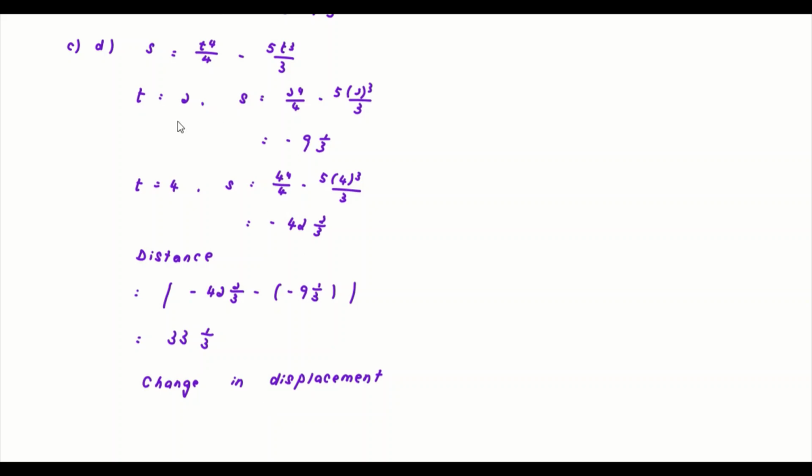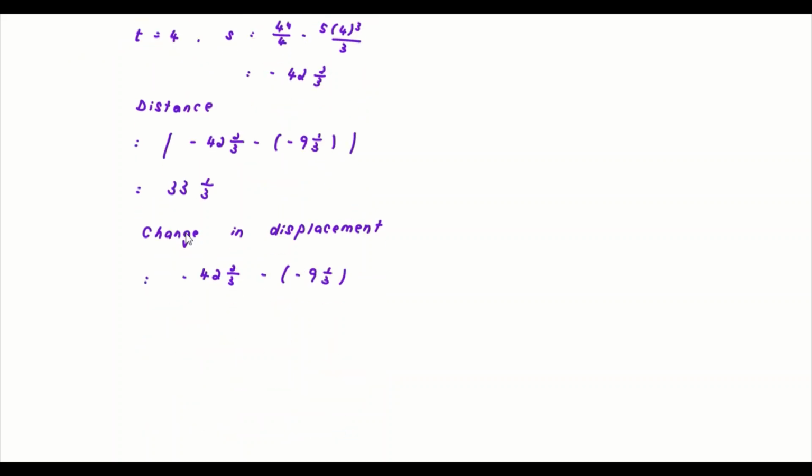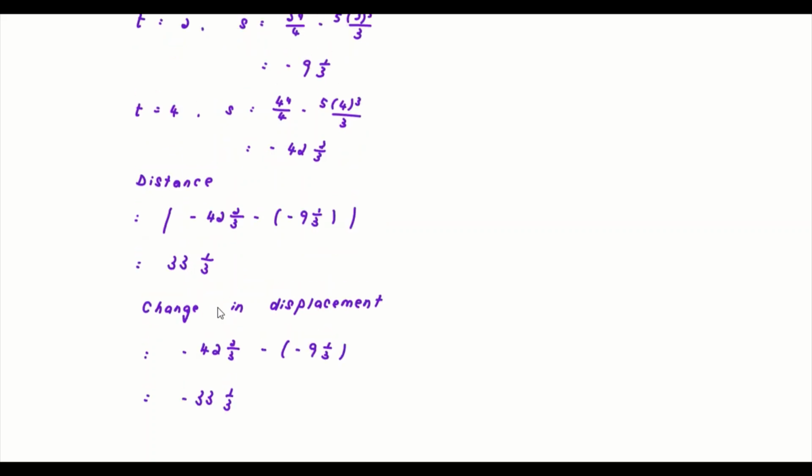For this part, the reference point is basically your t equals 2, so we will use this number. So the same thing here: negative 42 2 over 3 minus 9 1 over 3. This answer will be negative, because compared to t equals 2, t equals 4 is going to be much more negative. Okay, so that's the idea.